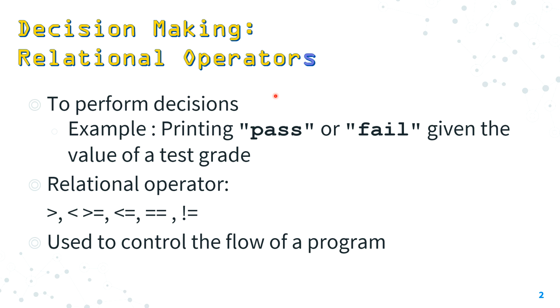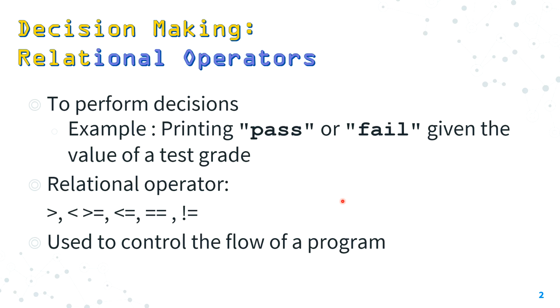So the answer is it uses a relational operator. For example, it might check, is the student's test grade greater than or equal to 50? If the answer is yes, the program makes the decision to print pass. If not, it will print fail.